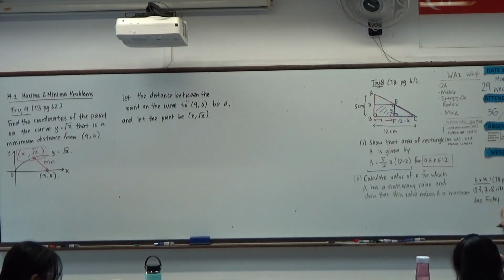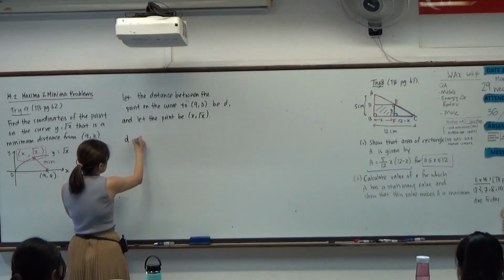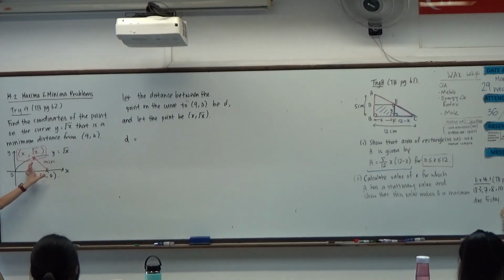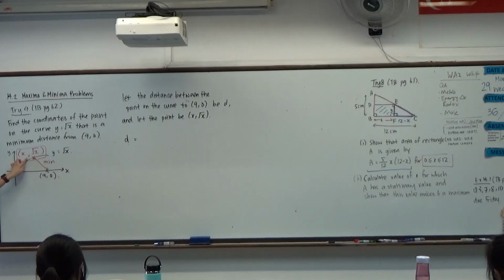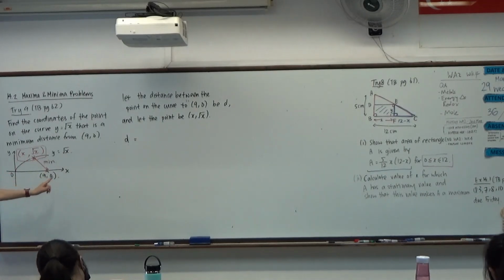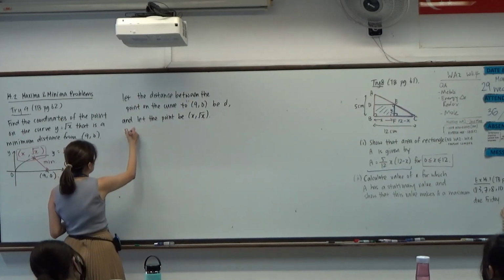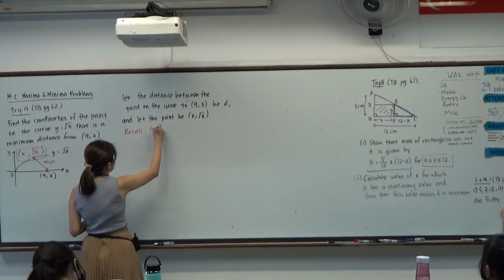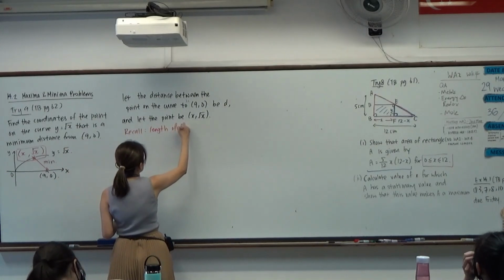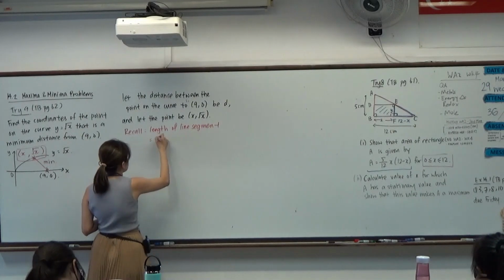The distance that we're looking at is a straight line distance. So for D, if I know this coordinate and I know this coordinate, we go all the way back to how we learned the length of line segment. So we recall the formula of length of line segment.